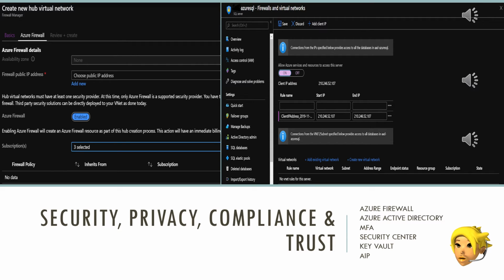So for this we use NSG, the network security group, which works with the NIC, the network interface card, and the subnet, and the source IP, protocol and network firewall you use.